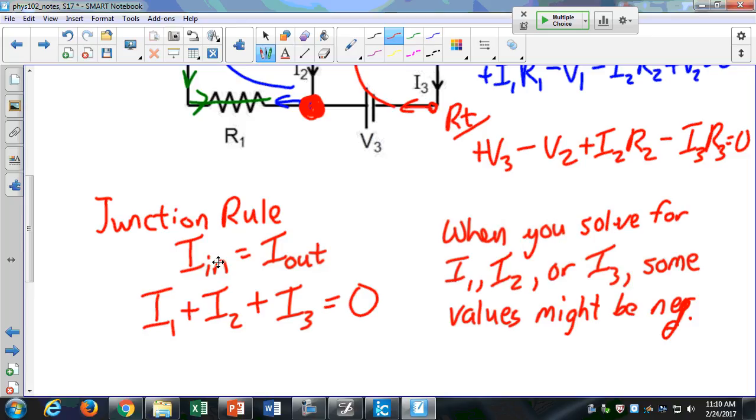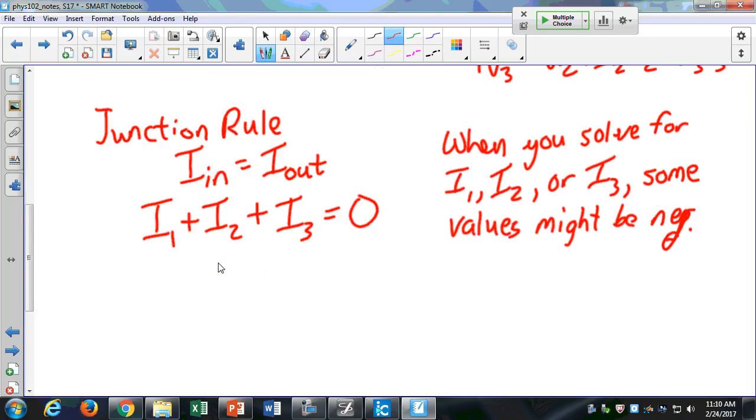So for example, let's say that I solve my system of equations and I find that I1 is equal to negative 2 amps. I just get a negative number. And I don't really know why I got a negative number. What does that mean physically to have a negative current? I'm going to tell you in a second.